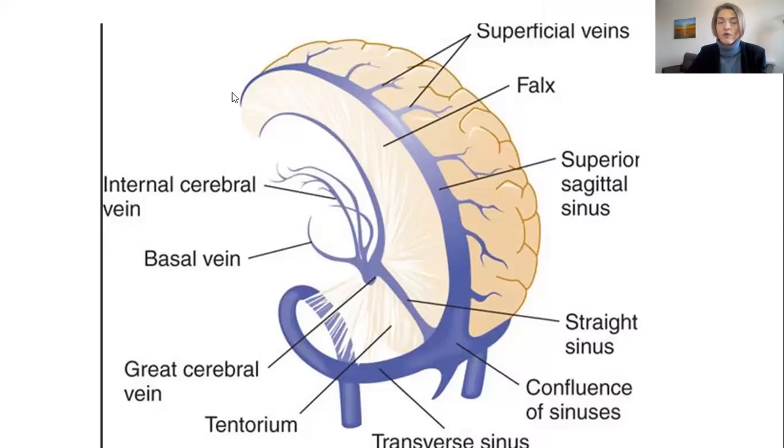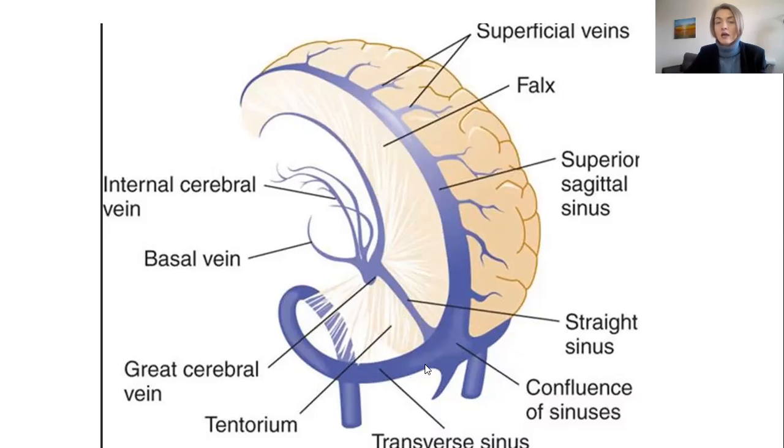It runs from anterior to posterior in the attached border of the falx cerebri, and it ends near the internal occipital protuberance. Superior sagittal sinus connects with several other venous sinuses at the confluence of sinuses.